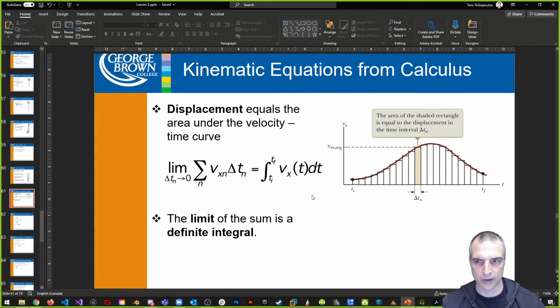And we can also look at the kinematic equations from calculus. I'm just going to keep an eye on the time here, so I don't want to rush overtime. The displacement equals the area under the velocity-time curve. Area under the curve is integration. The limit of the sum is a definite integral.